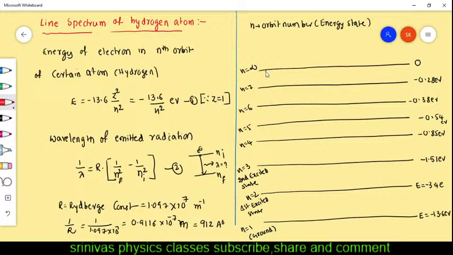Electron transition may occur from infinite to first orbit, or seventh to first orbit, or sixth to first orbit, or fifth to first orbit, fourth to first orbit, and third to first orbit.